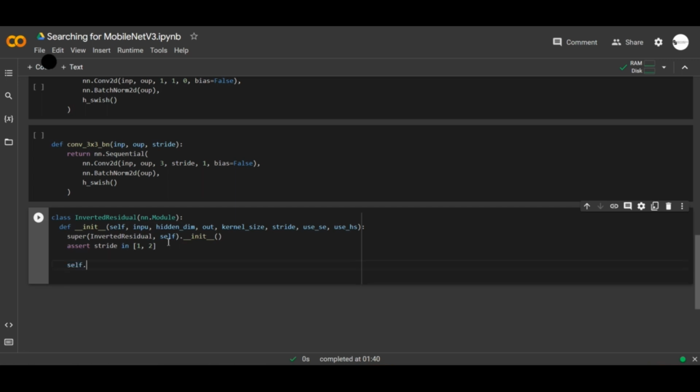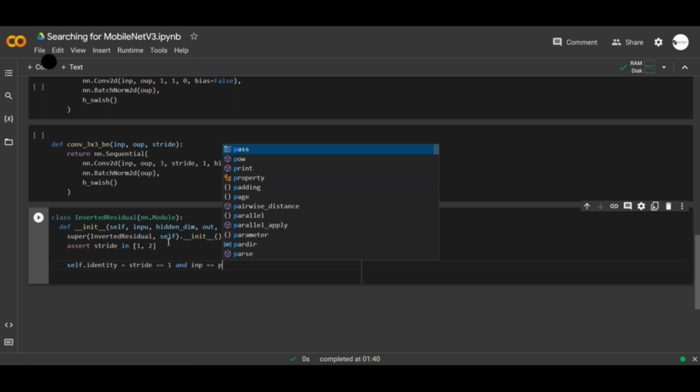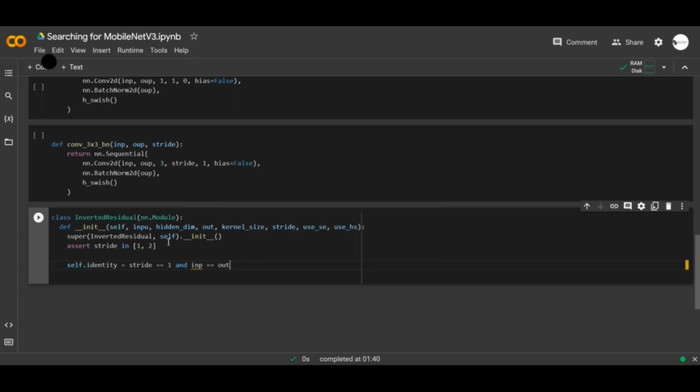Okay, then we're gonna say self.identity equals stride equals 1 and input equals output. If this is true, then we know that we have to have the skip connection.